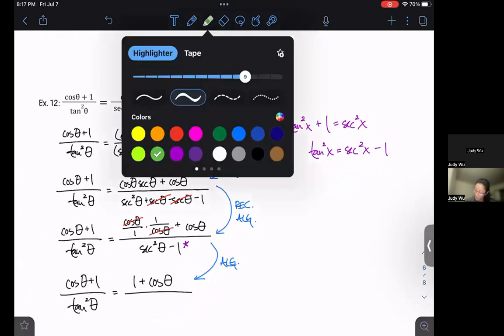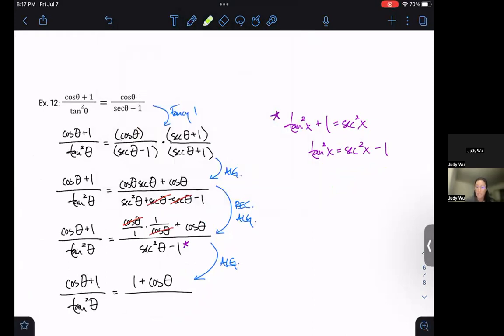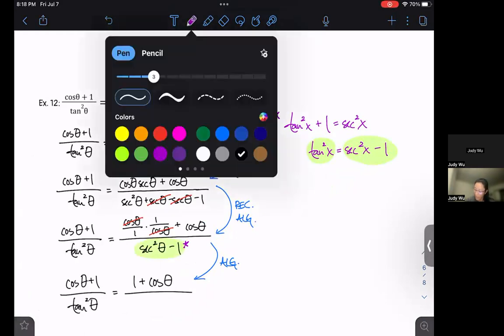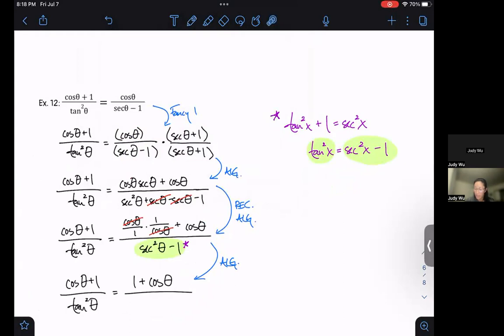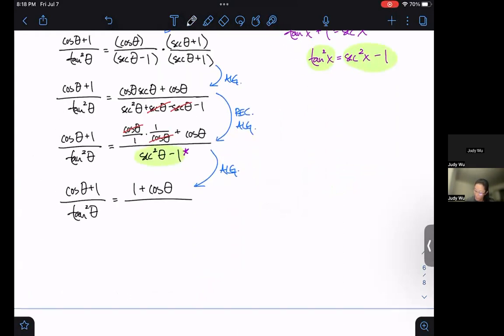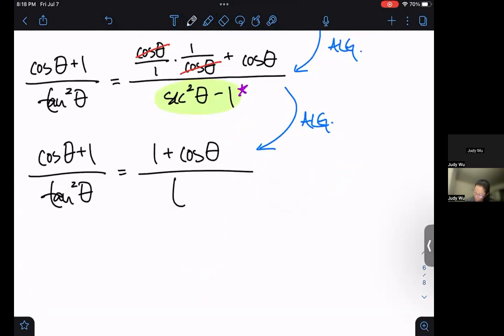This means that everywhere I see the tangent squared x, I could replace it with secant squared x minus 1, but also vice versa. Everywhere I see the secant squared theta minus 1, I can replace it with tangent squared. That is precisely what I'm going to do.